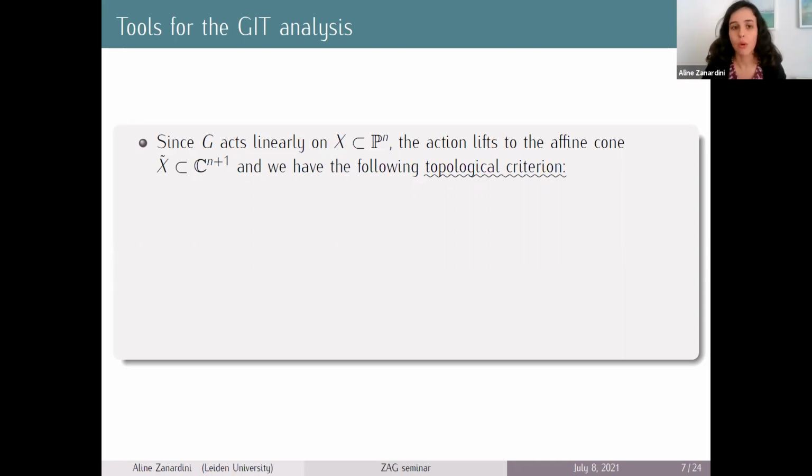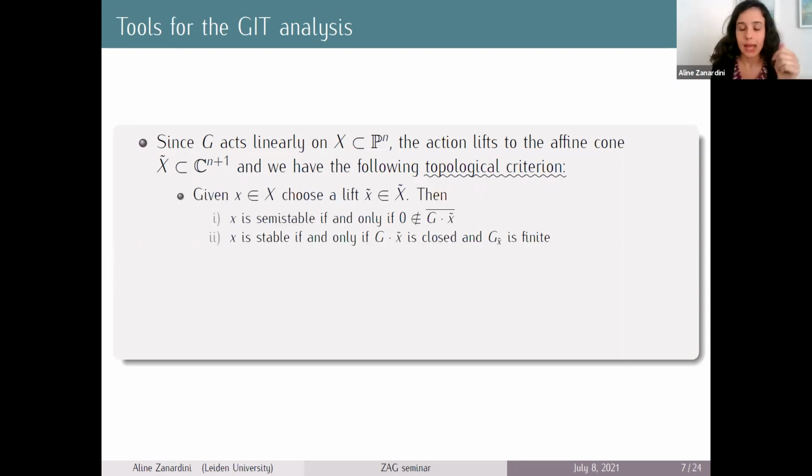It goes as follows. Our group G is acting linearly on X embedded in projective space. So it means that this action is going to lift to the affine cone. And then we have the following topological criterion. If I put a little x in X, and I choose a lift X tilde on the affine cone, then little x is semi-stable if and only if 0 is not in the closure of the orbit of the lift.